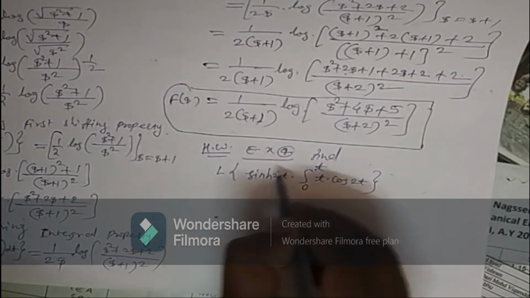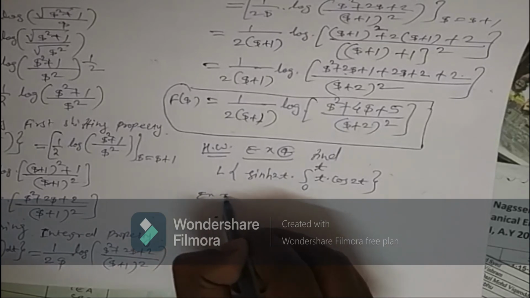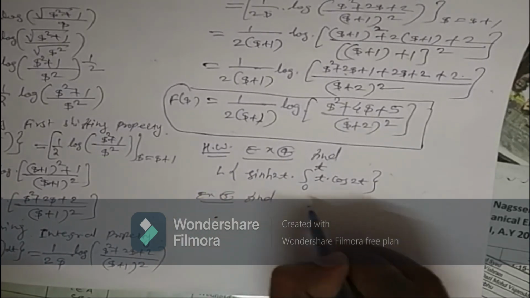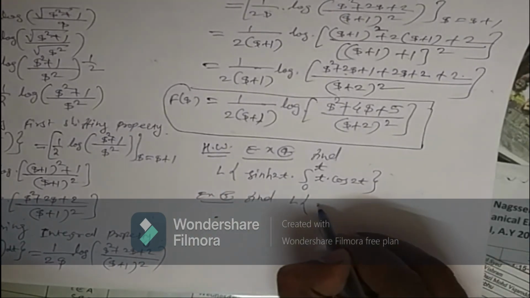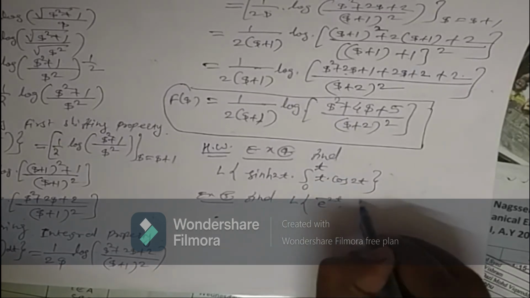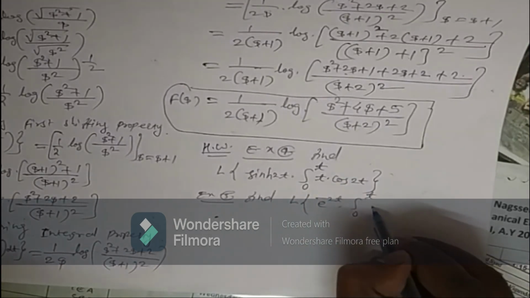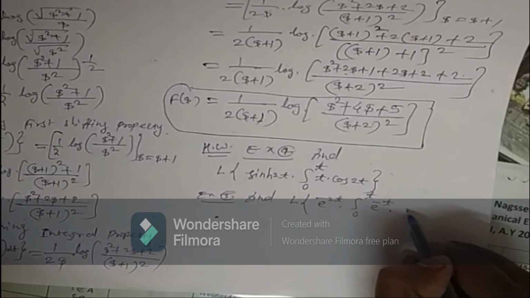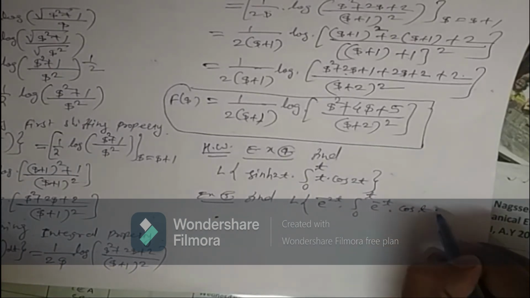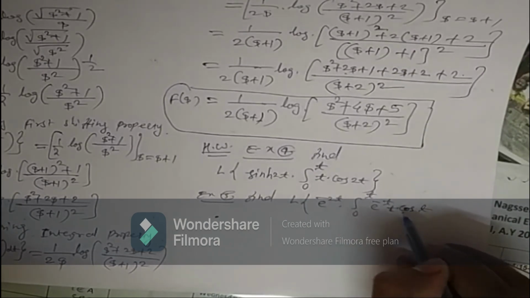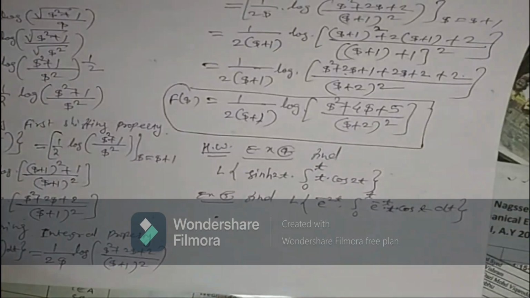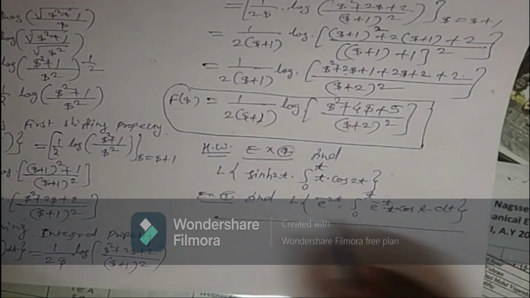And example number 5: find Laplace transform of e raised to minus 2t integration from 0 to t of e raised to minus t into t cos t dt. So these examples are for homework.